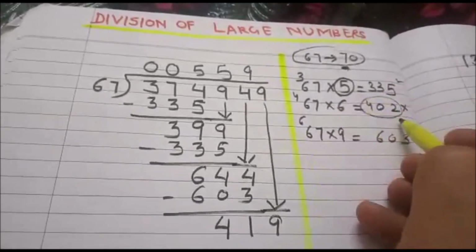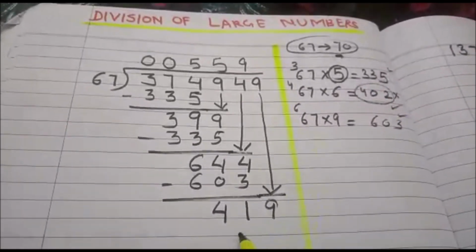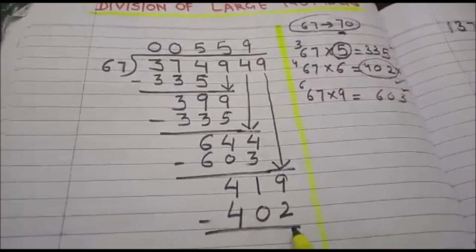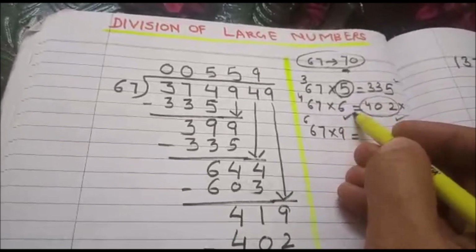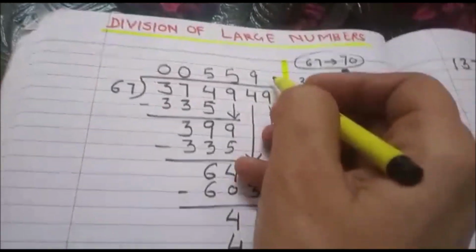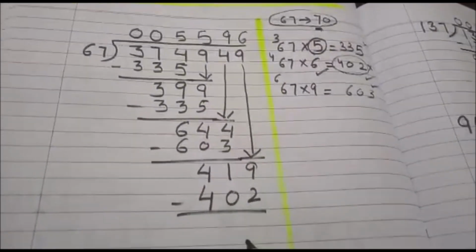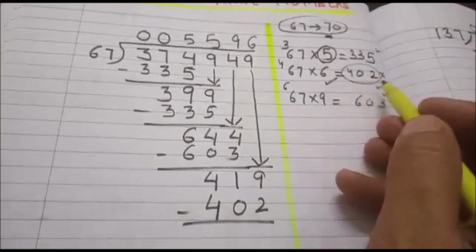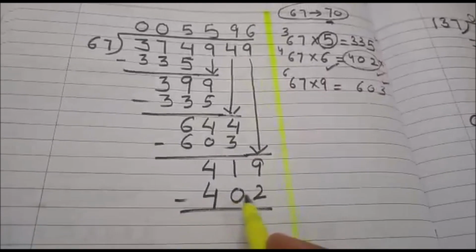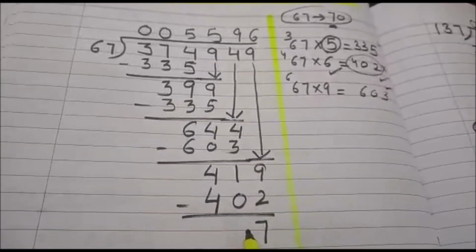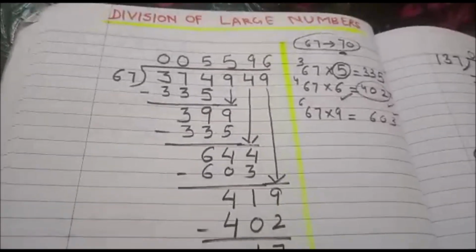This number is a better choice for us to be written here. 402. That means 6 will be written as quotient above 9 here. Because 6th multiple is 402, which is nearer to 419. Now subtract these two. 9 minus 2 is 7 and 1 minus 0 is 1.